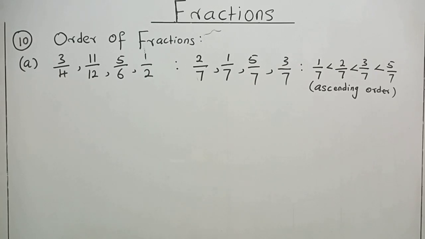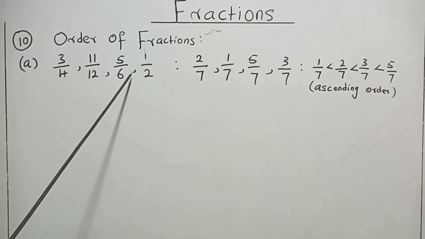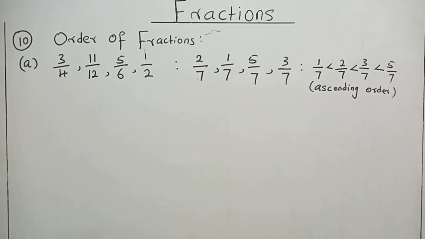What about these ones? Why is it now difficult to arrange them? The answer is that each of these portions was picked from different numbers that correspond to denominators. This one has 4, this one has 12, this one has 6, this has 2 as denominator.